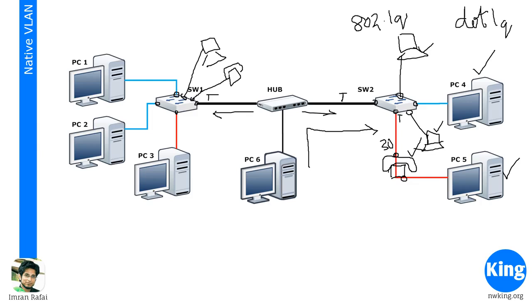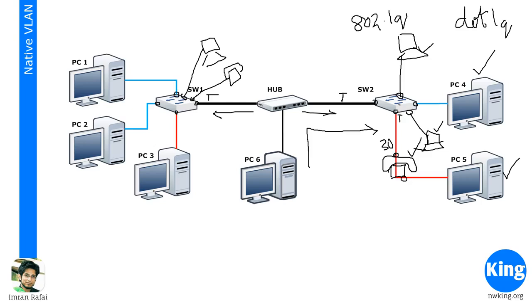We don't say switchport mode access, switchport access vlan 10, right? So an access port you give a VLAN number, but a trunk port you don't give a VLAN number. So it goes back to the same concept that we discussed with PC6. It goes without a tag, and the switch takes that and says, okay, you're coming without a tag, so I'm going to put you in a native VLAN, which is by default VLAN 1.